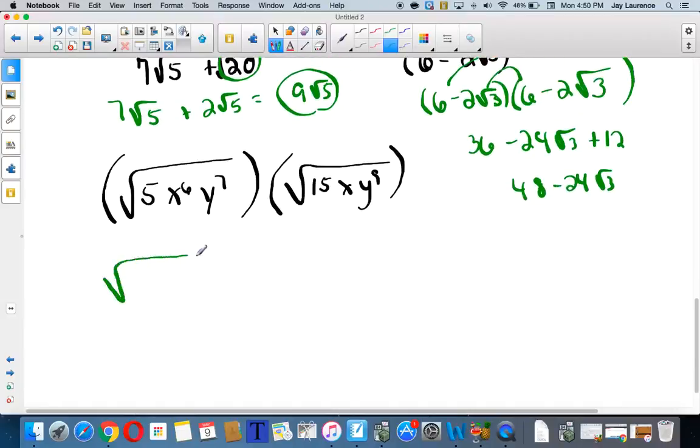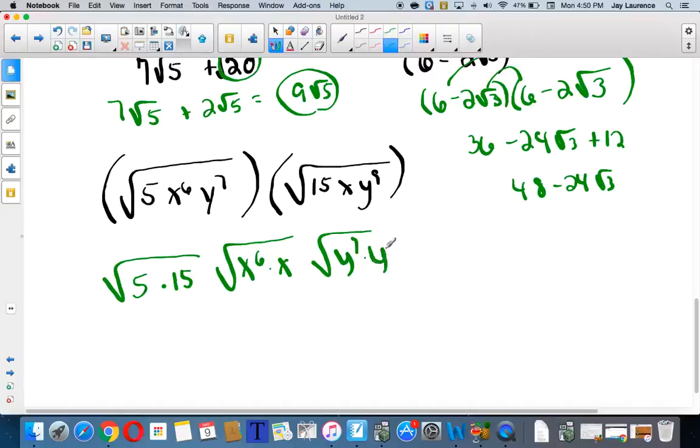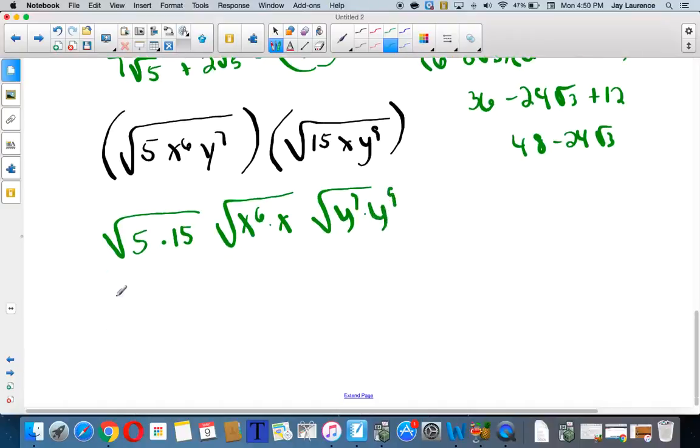All right, this one here, let's see. I'm going to do each part. I'm going to have 5 times rad 15, and then I'm going to have x to the 6th times x, and then I'm also going to have y to the 7th times y to the 9th. Well, I'm going to think about this as rad 5 times rad 5 times rad 3, and so I'm going to have a 5 and then a rad with a 3 in it.